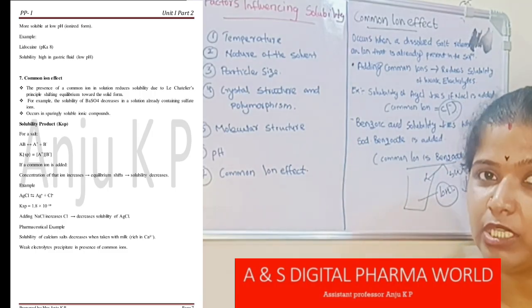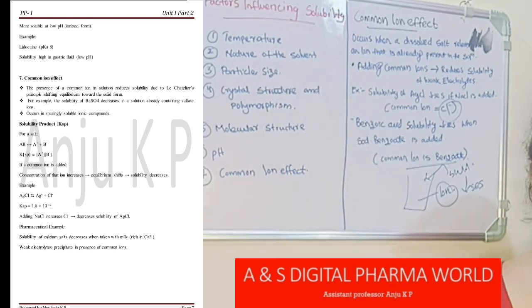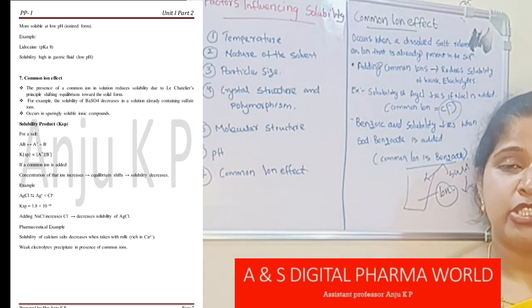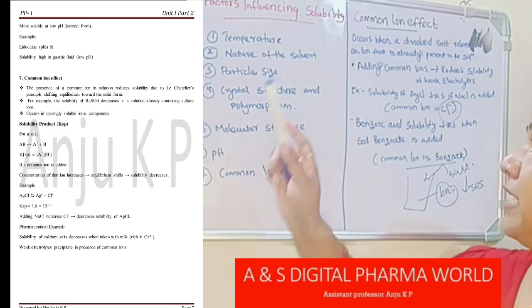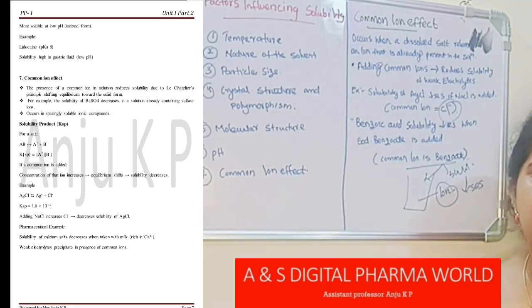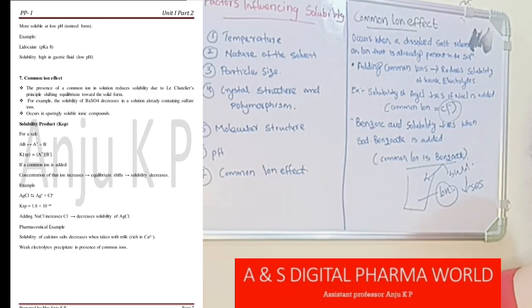Endothermic means an energy-absorbing process, exothermic means an energy-releasing process. In endothermic reactions, if you increase the temperature, solubility will increase. In the case of exothermic reactions, if we increase the temperature, solubility will be reduced. You can remember the examples KNO3 and calcium hydroxide.